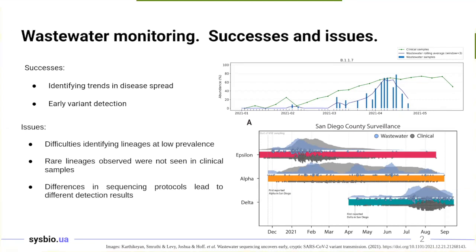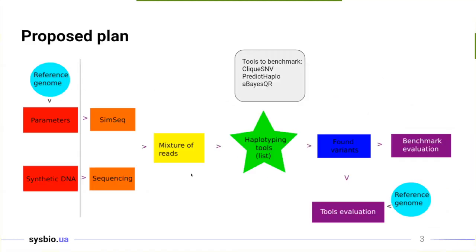It's difficult to detect. Then other issues are that rare lineages observed were not seen in clinical samples, and differences in sequencing protocols lead to different detection results. These are not the issues we are researching in our lab. So what plan do we have?